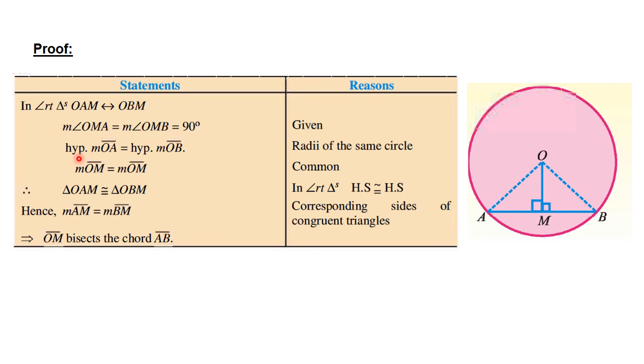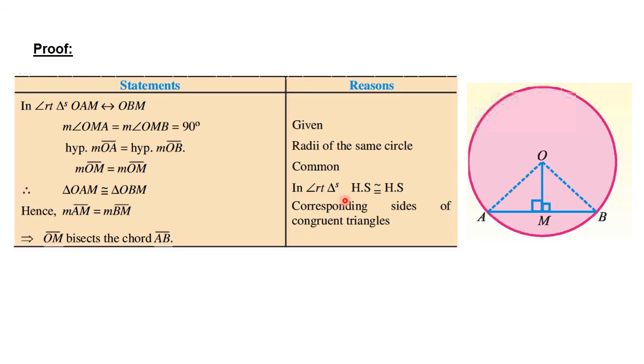Now students, hypotenuse measure OA is equal to hypotenuse measure OB. Opposite the 90 degree angle, the side is the hypotenuse. So measure OA is equal to measure OB because OA and OB are radii of the same circle. Now student, measure OM is equal to measure OM. It is the common side between both the triangles. So therefore triangle OAM is congruent to triangle OBM.